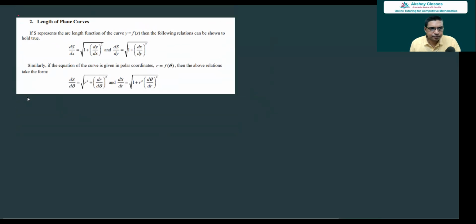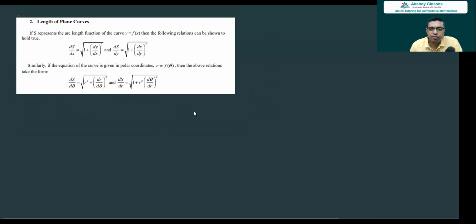If S represents the arc length function of the curve y equal to f of x, then the following relationships can be shown to hold true. So let us see this.